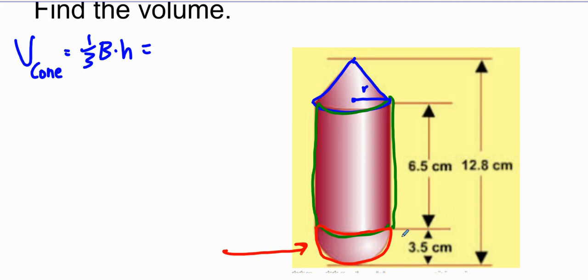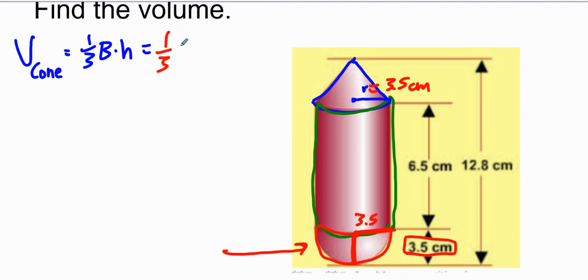It says that this distance, so from here to that, is 3.5 centimeters. Well, that is the radius of this sphere. So this is 3.5. That also means that this distance is 3.5. So our radius is, in fact, 3.5 centimeters. Whew, that was going to be scary.